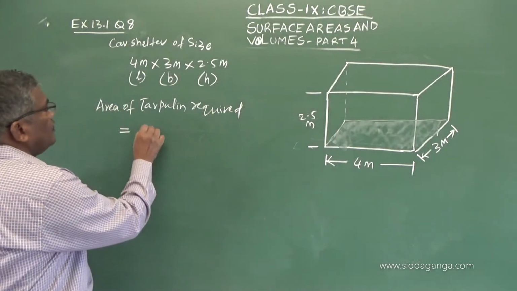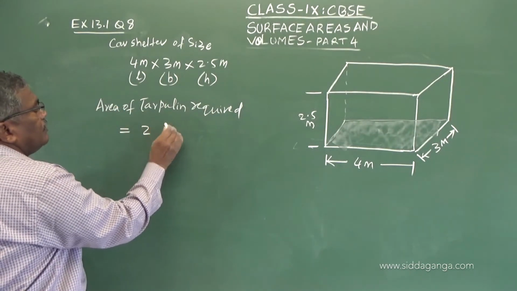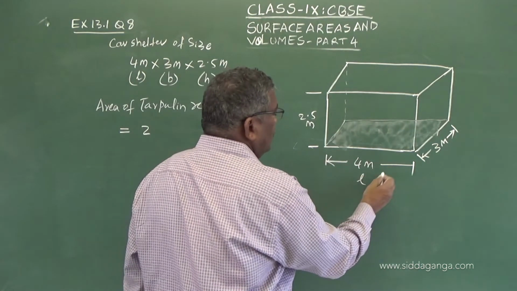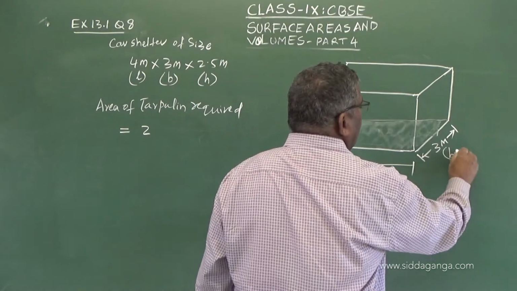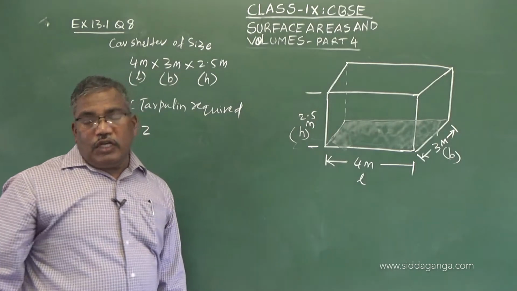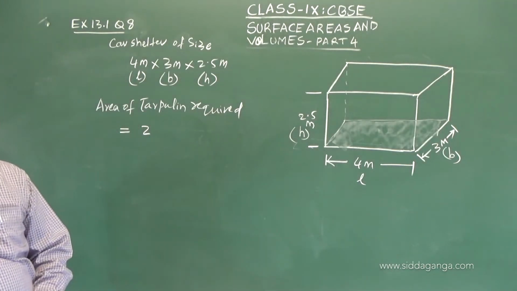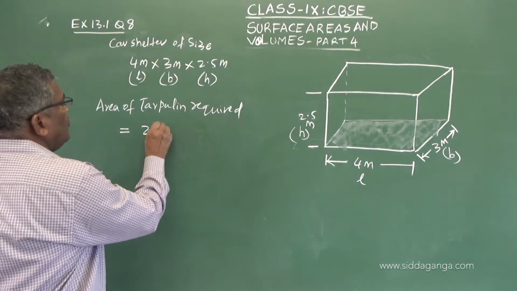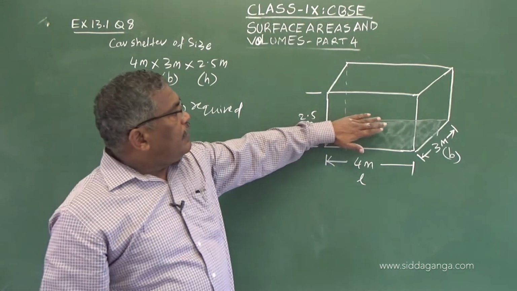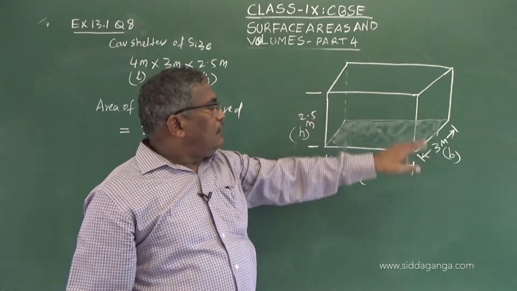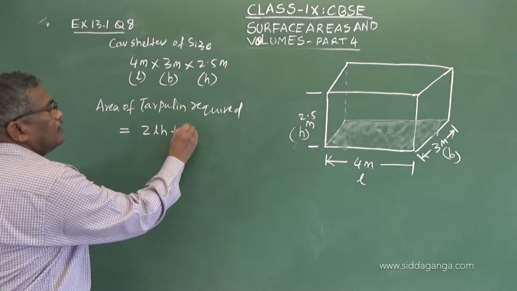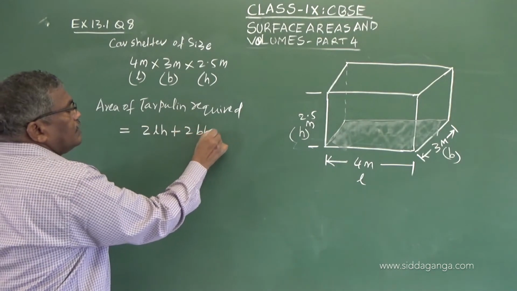So 2 times LH, this is L, this is B and this is H, plus 2 times BH, front and back side.